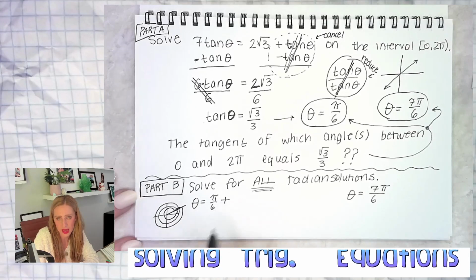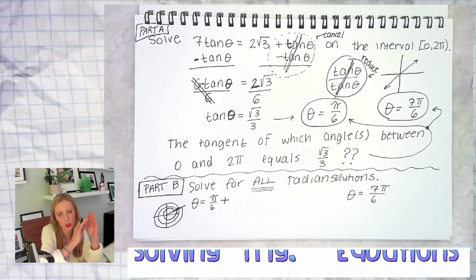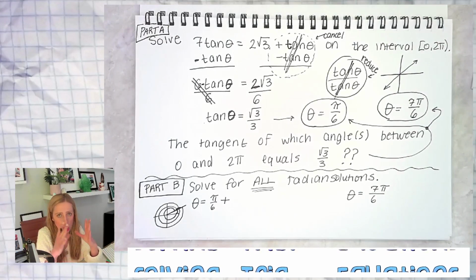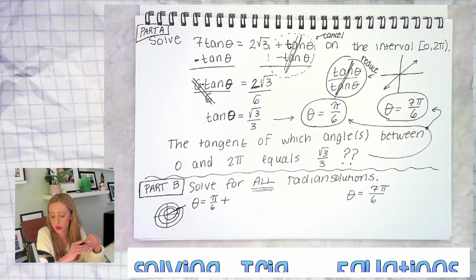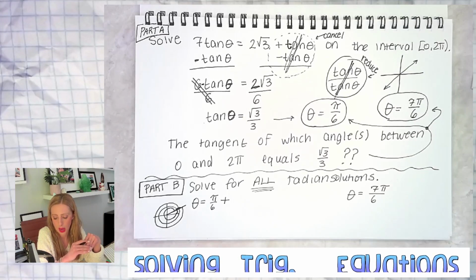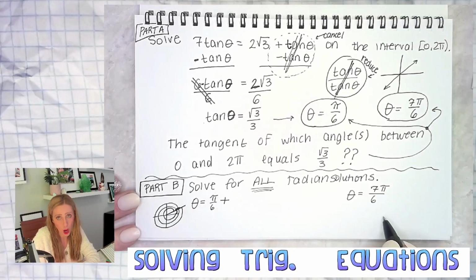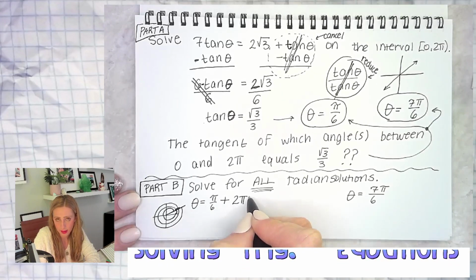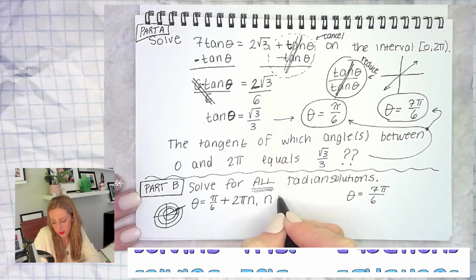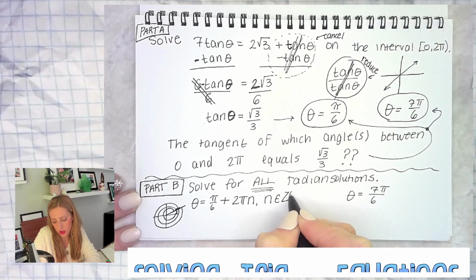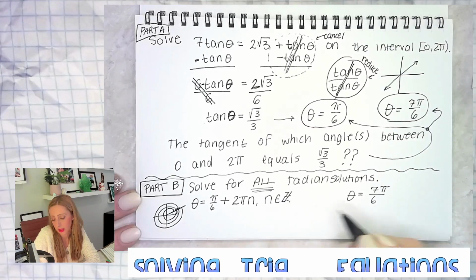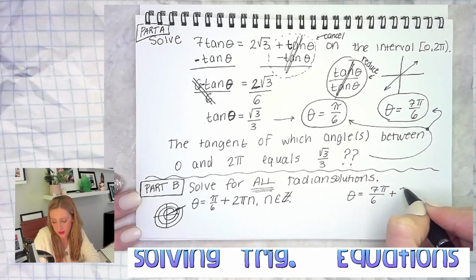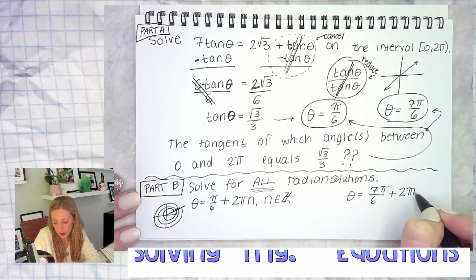So how big is one full revolution around the unit circle in radians? How large is that? What number do we use? 2 pi. So if you wrote for your part B, pi over 6 plus 2 pi n, where n is an element in the set of integers, that's fine. And then if you did the same thing here, that's also fine. We can add a full revolution.